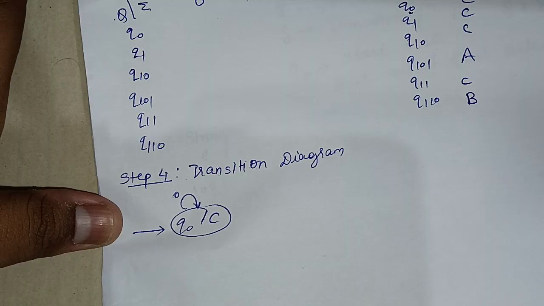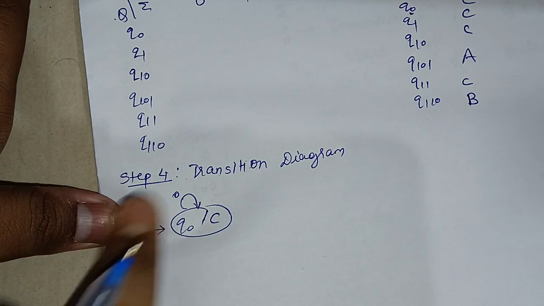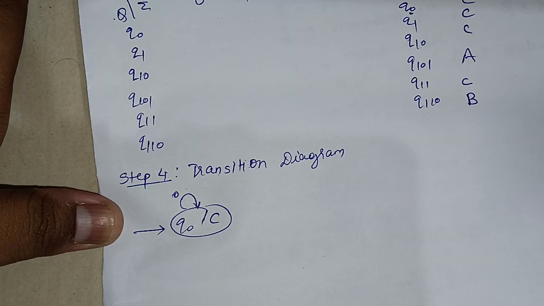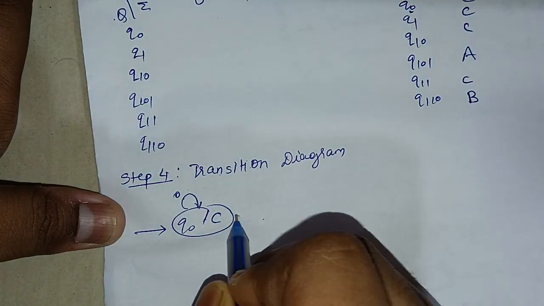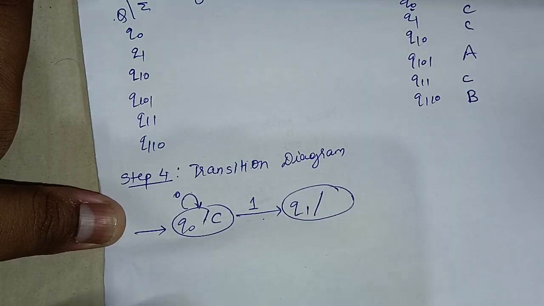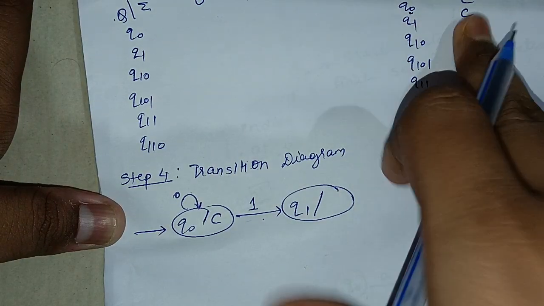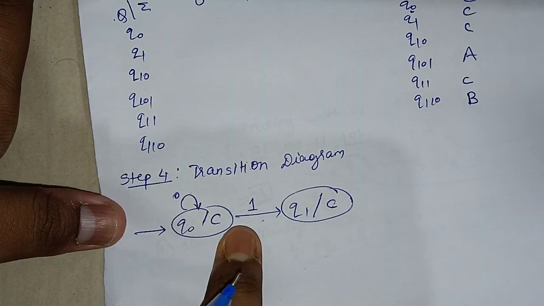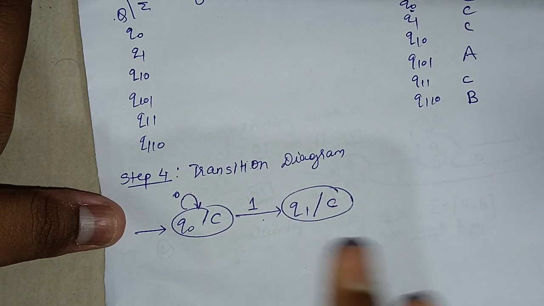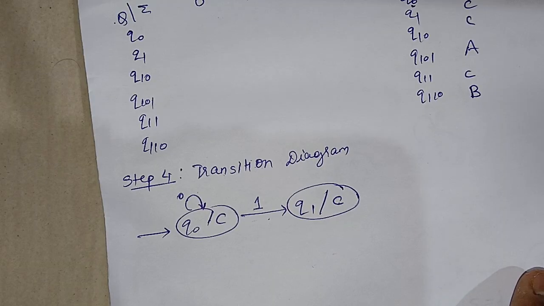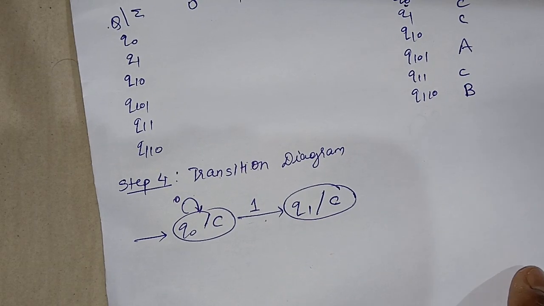We are not doing any transition, 0 stays in the same state. When it receives 1, it must change to state Q1. Now see, Q1 is a state with output C. I will put it here. Now if it receives 1, what will I check?